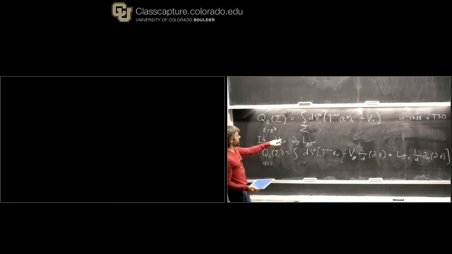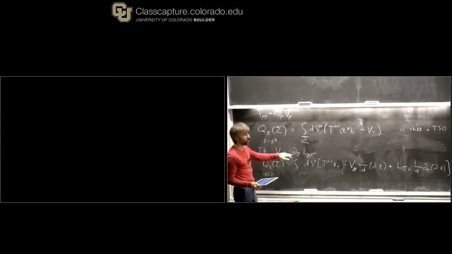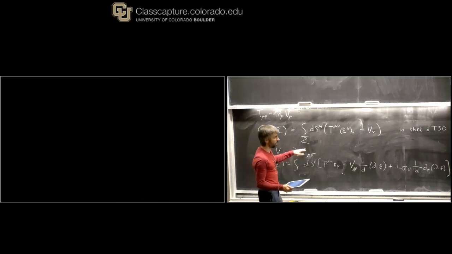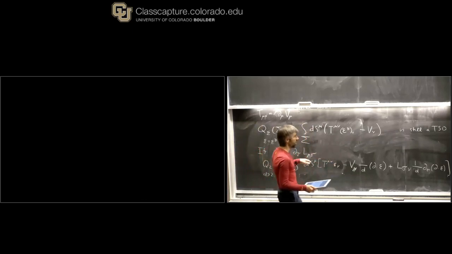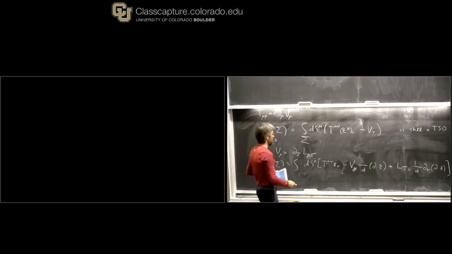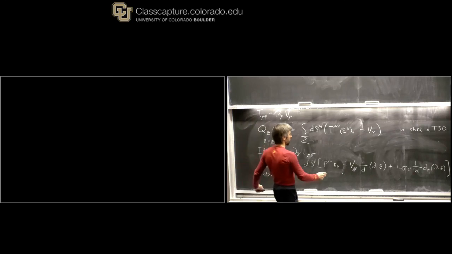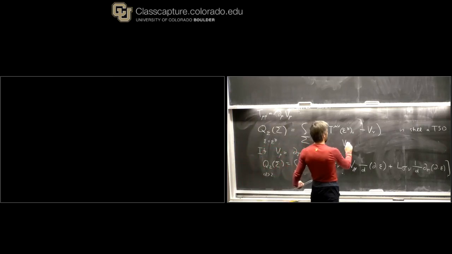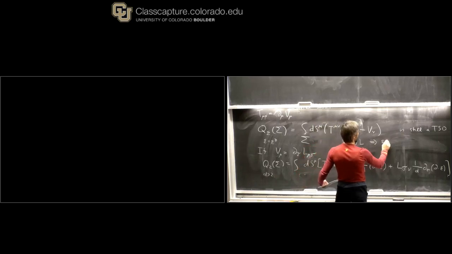But if V mu is not of this form, if I have a virial current, but I cannot represent it as a total derivative, then I'm screwed. Then my theory is scale invariant but not conformally invariant. So if this condition is not satisfied, so if V is not equal to dL, then I have scale without conformal.